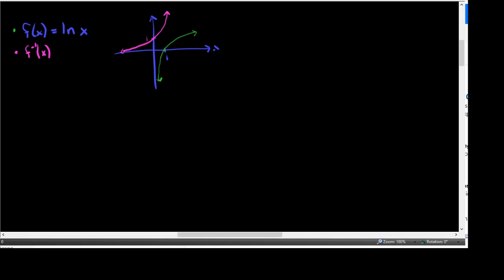So as it turns out, the graph that looks like that is e to the x, and that is its inverse function. Okay. We could have solved for that. Let me do that really quickly. If we'd started with y equals ln of x, which of course is log base e of x, in case you forget.